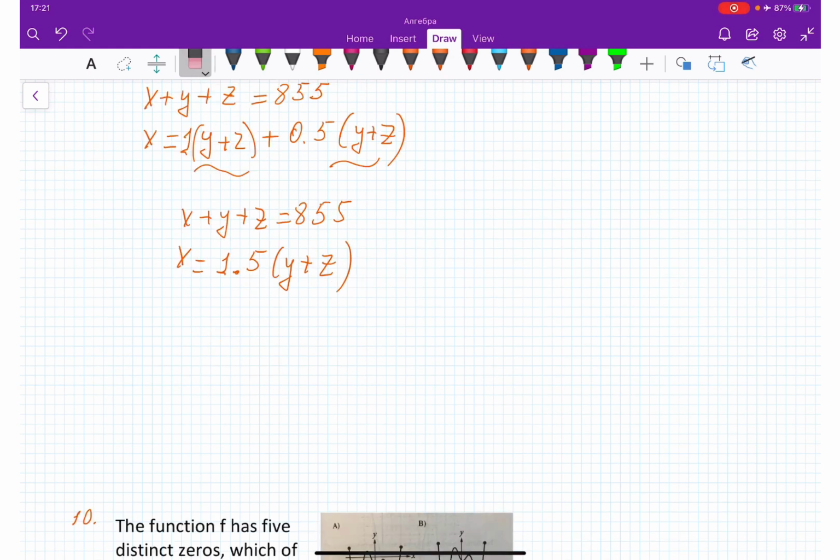So from here, we can solve by replacing y plus z, right? Because this way we will get rid of two variables and we'll end up with an equation with one variable. So y plus z is equal to x over 1.5.